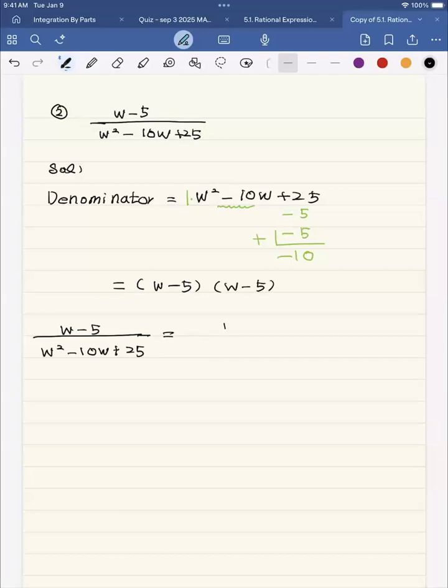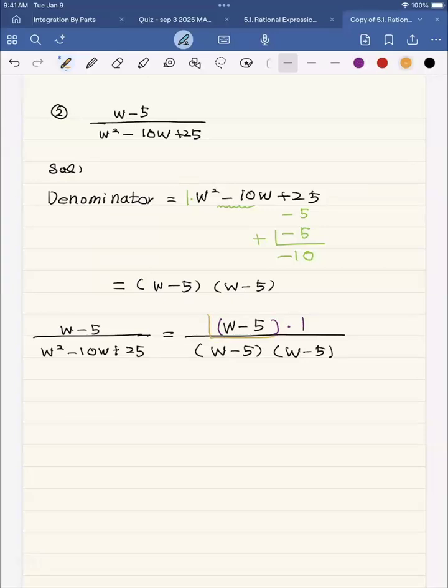Let's rewrite the fraction. That's w minus 5 over w minus 5 times w minus 5. The numerator can be written as w minus 5 times 1.